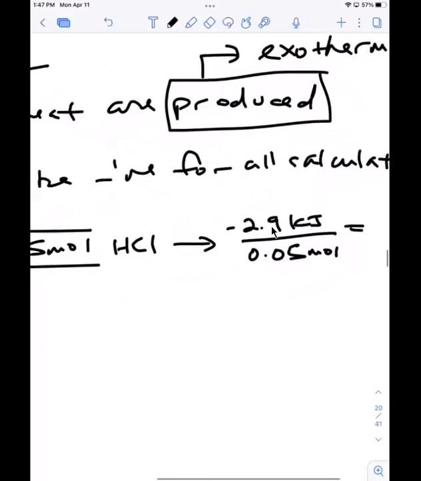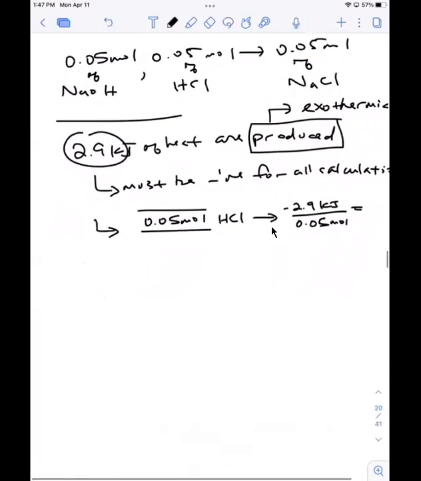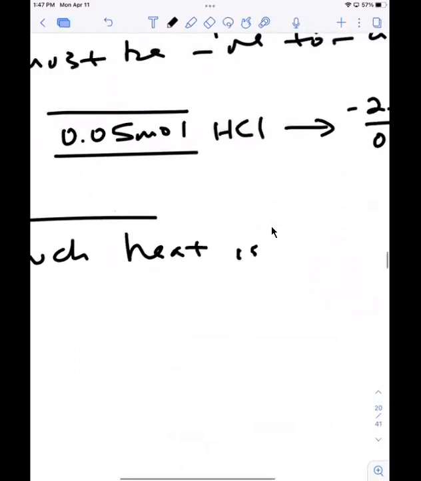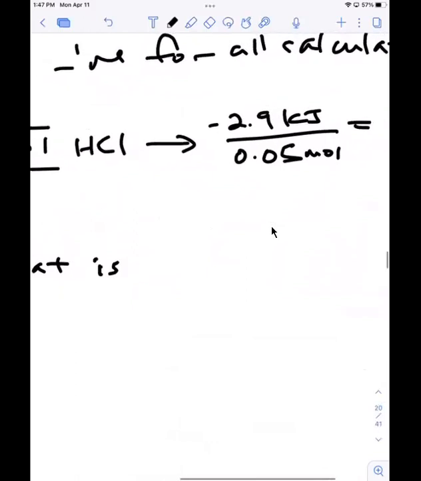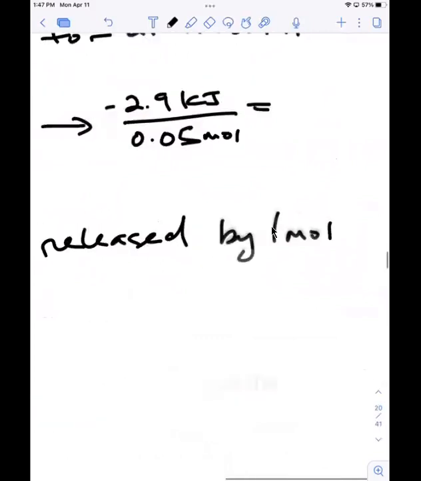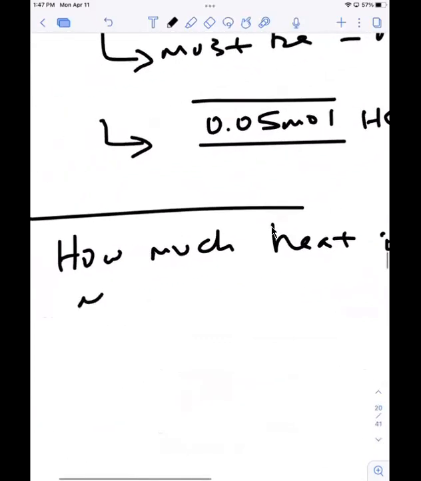Now we just need to solve for delta H for 1 mole, because that's the other part of the question. How much heat is released by 1 mole of HCl?